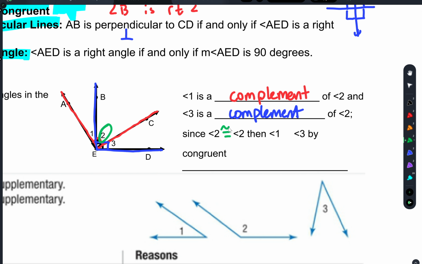So we could say angle 2 is congruent to angle 2. Then, by my congruent complements theorem, if two things are complementary to the same angle, then they must be congruent to each other. Does that theorem make a little bit of sense, hopefully? It's a weird one.